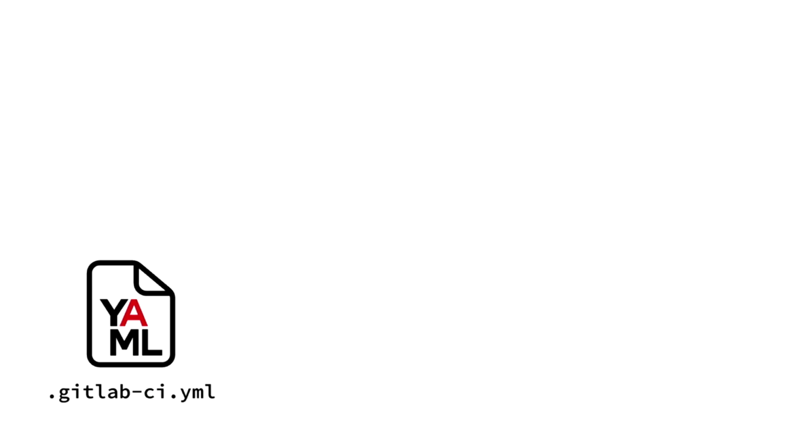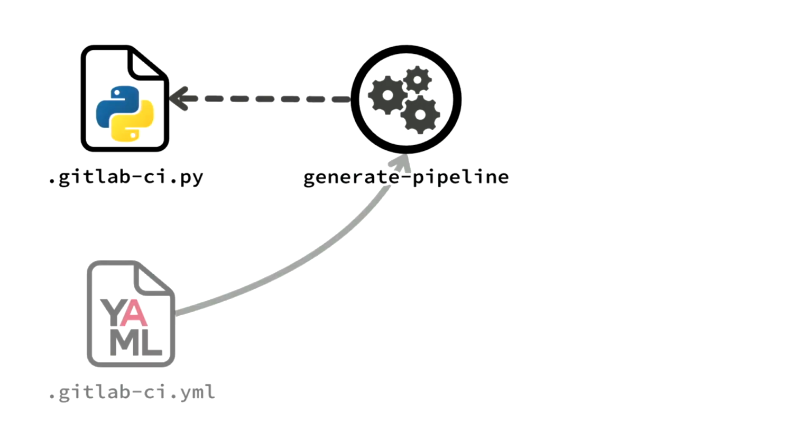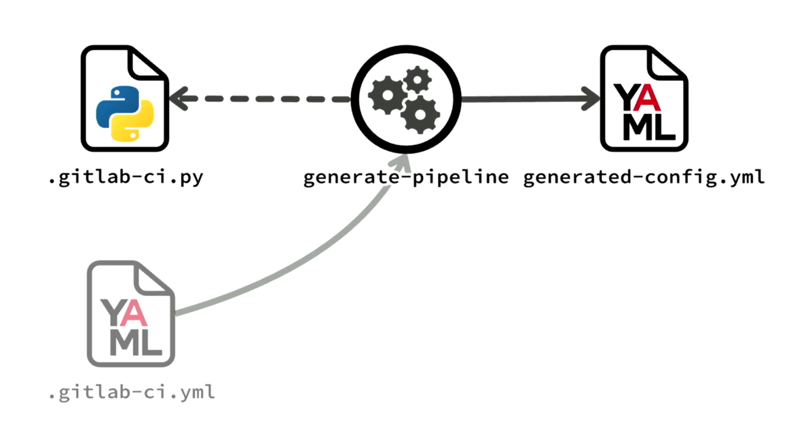So the way that these generated pipelines work is that in our CI config file, where we've been defining our testing jobs, we instead define a generate pipeline job, which runs our Python CI config file to create a generated config CI file that contains all of the previous jobs that we want to run.